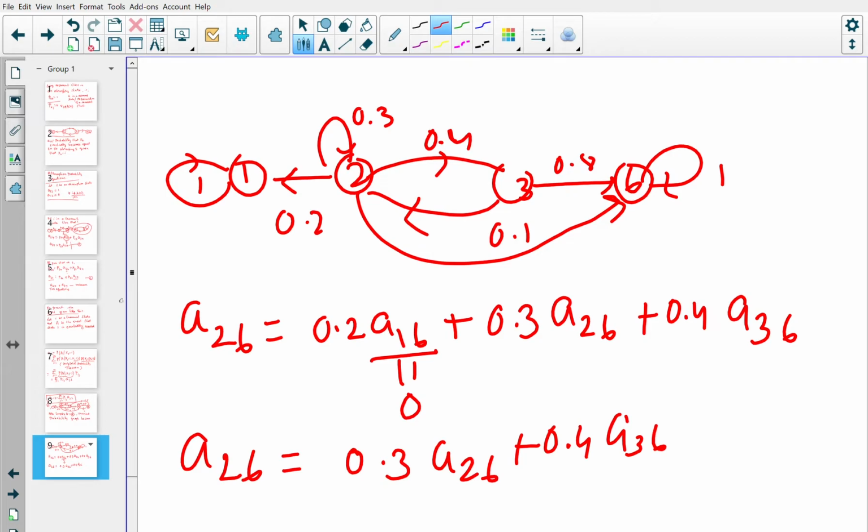After calculating, this is 0.7 A26 is equal to 0.4 A36.